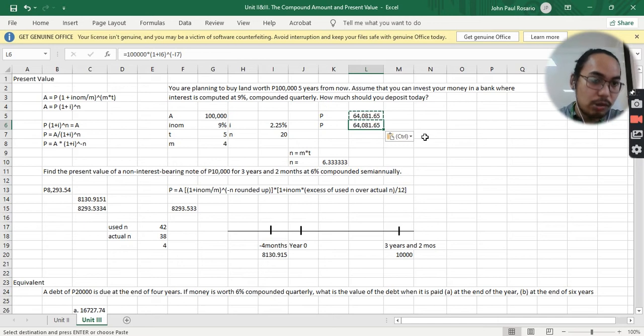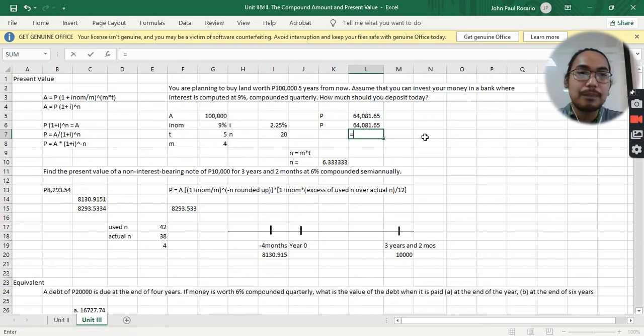Okay, so that's how you solve, or that's the reason why we have to solve for the present value. That's how you solve the present value in 2 different ways. Another thing, if you don't want to compute for i and n and want to make use of i(nom), m, and t, then you can also do that. So this is the third way. Let's use the multiplication, the second one, with the negative n.